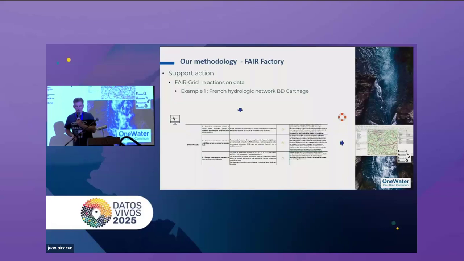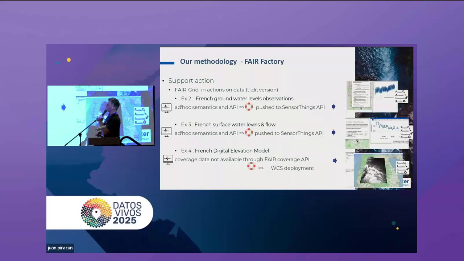The idea behind the FAIR factory is to support action. I will show you some examples. One example is on the French hydrological network through the database Carthage, where we see here a grid with fields that allows us to directly deploy a solution which is executing and using standards and solutions to propose accessibility to the data, here on interoperability.